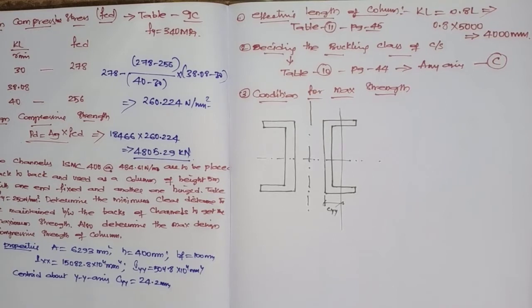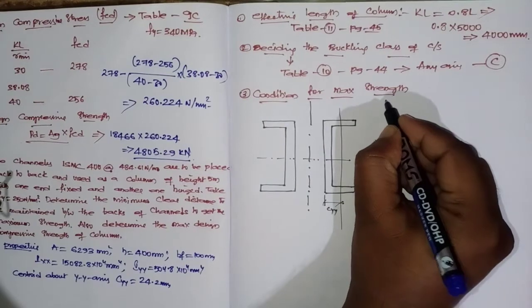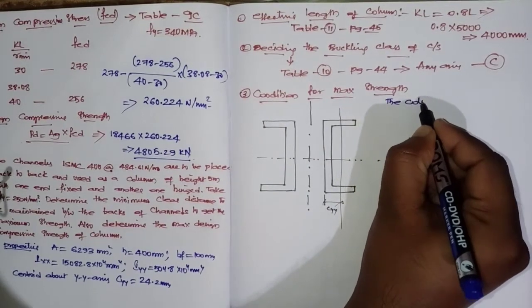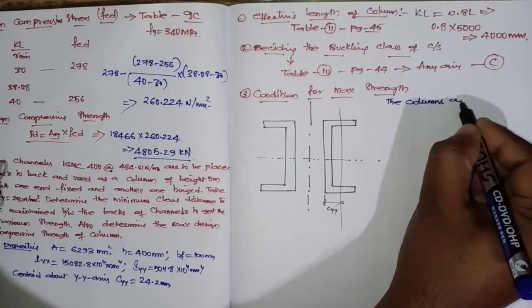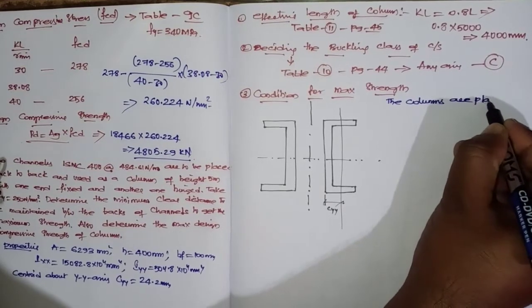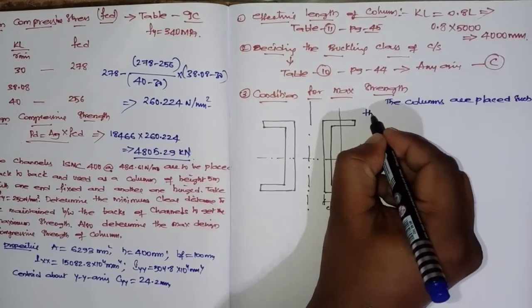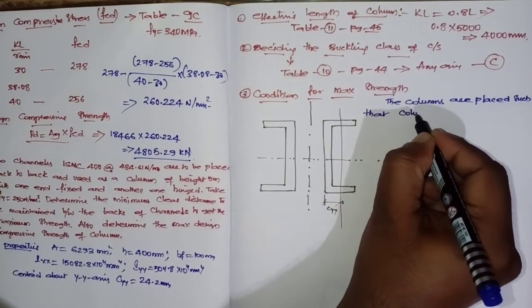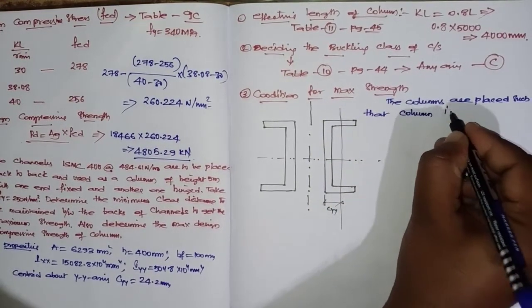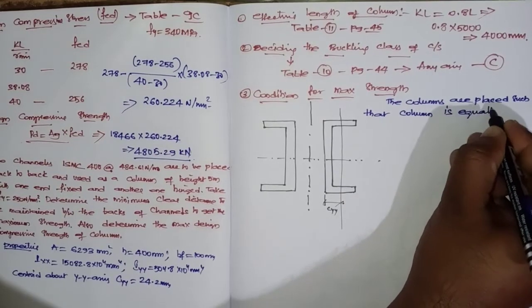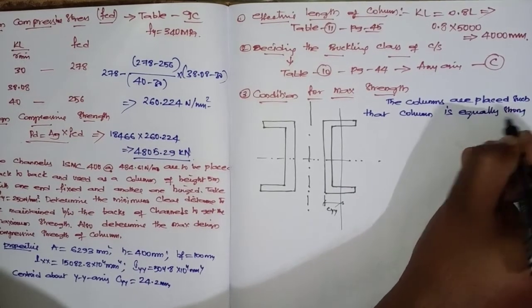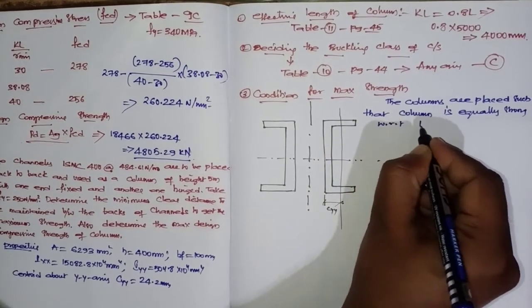Here the condition you are supposed to take, for maximum strength of column, the column is placed such that it is equally strong with respect to both axes.